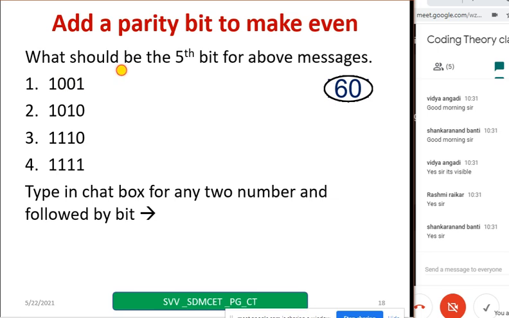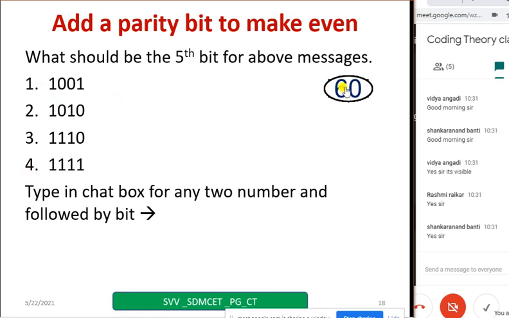Now read this. I add a parity bit to make an even parity. What should be the fifth bit for the below messages? Actually this sentence was below, hence I wrote above. Now I have changed. Now can you tell, for making an even parity, the fifth bit I am adding to all this. You can write down the number 1, 2, 3, any 2 followed by whether it is 0 or 1.